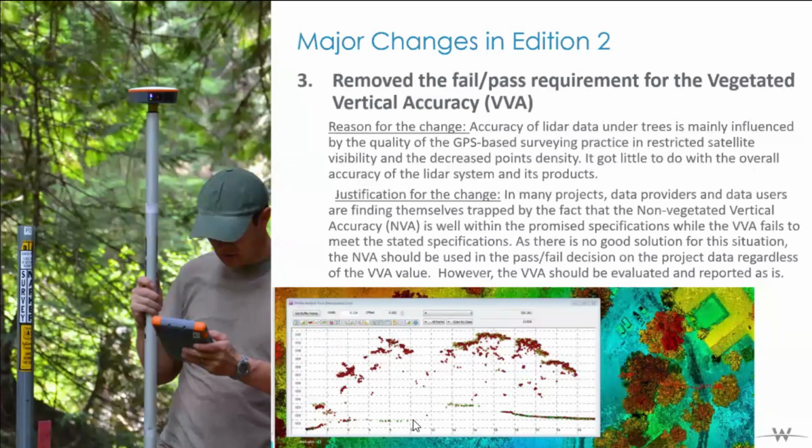If not, it gets obscured. So even if your surveying technique is good under trees, and you interpolate the elevation for the ground under the trees using very sparse LiDAR data, it gives you the wrong elevation. That's why we removed that.